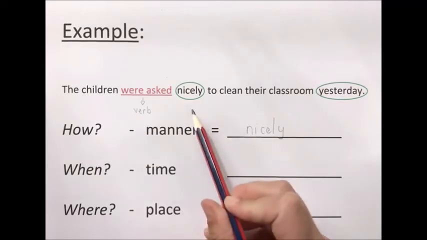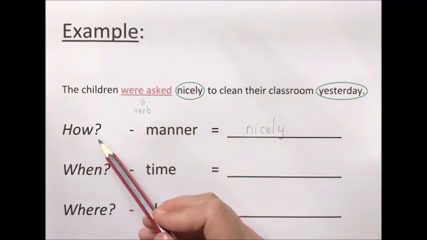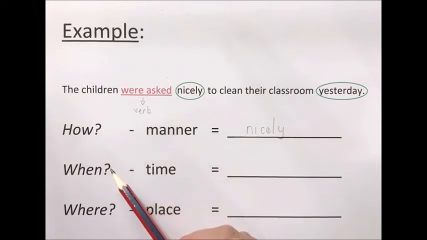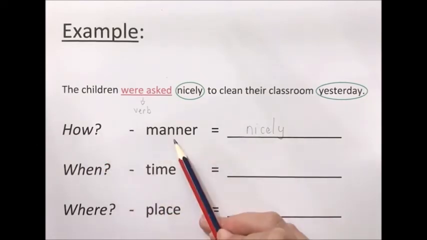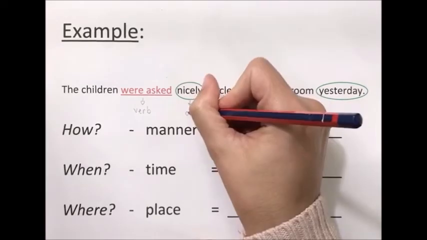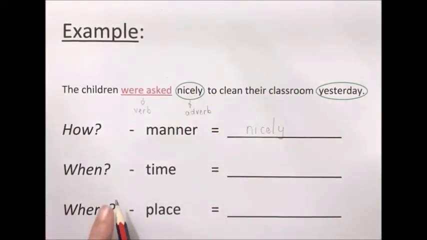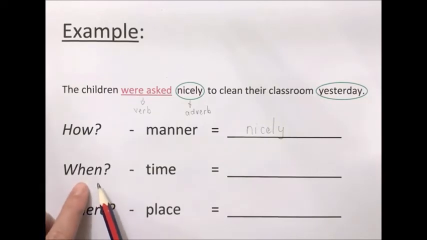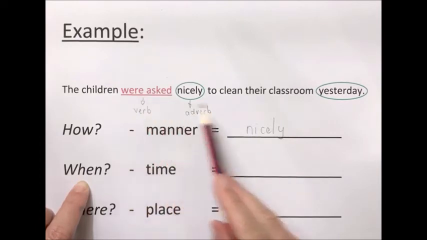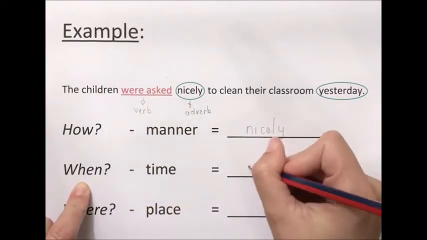We don't say adverb of how. How is just the question we use. We say nicely will be an adverb of manner. So this is an adverb. Then let's see if there are more examples. When were the children asked? They were asked yesterday.